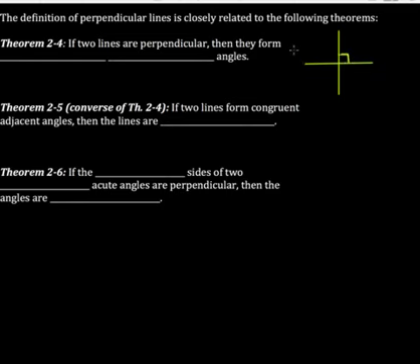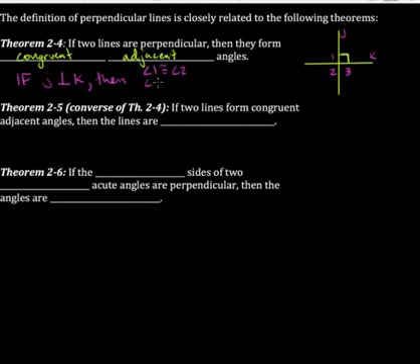The conclusion is that they are going to form congruent adjacent angles, right? So if I numbered this angle 1, this angle 2, and this angle 3, and let's call this line J and this one line K, I could say that if line J is perpendicular to line K, then according to theorem 2-4, I know that angle 1 is congruent to angle 2.